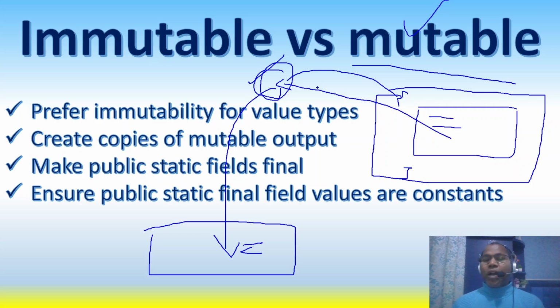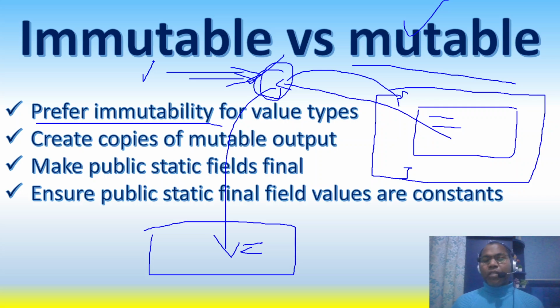Don't do it. Whenever you see such code where global objects are passed across multiple methods and each of them is modifying it, please avoid it. So here I am saying prefer immutability, but not always. It depends. In this case, since it is a shared object, my preference, as a secure coding guideline says, is to use immutability.